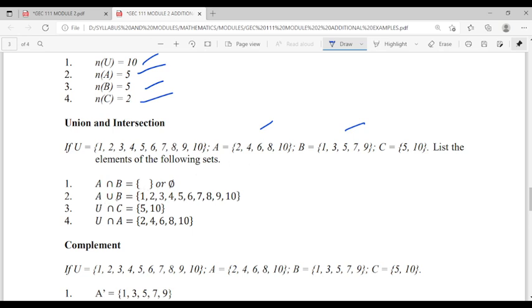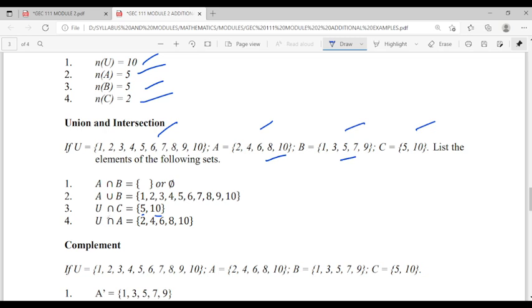A union B. So, merge natin yung element ng A and element ng B. But do not write it double, kasi as much as possible, once lang natin isusulat yung every element. And then, how about the U and C? So, once lang na sinulat yung 5, 10.